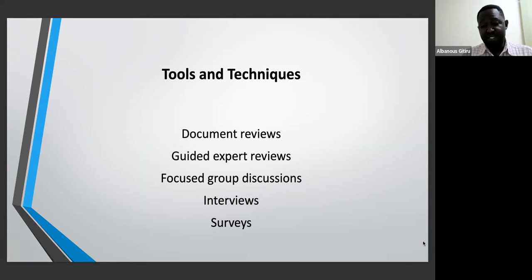Apart from the experts, we also have our own beneficiaries or the community that we serve. And we can be able also to collect information and data from this group by having focus group discussions. These are discussions for a certain number of people, and doing it in an open but focused way, so that there is commonality between these groups. That's why it's called a focus group discussion.